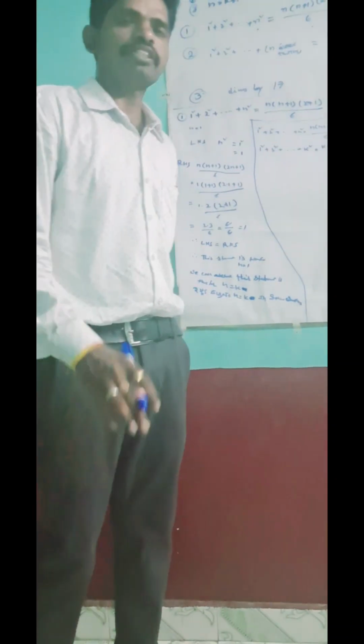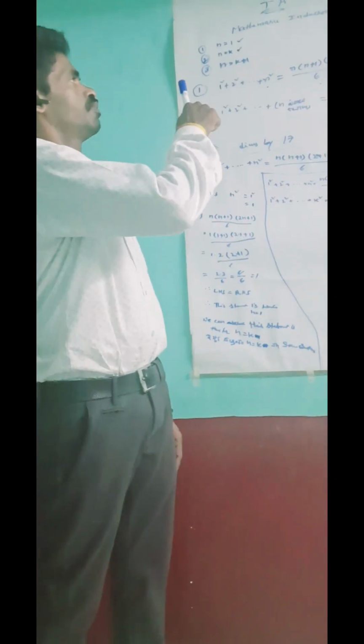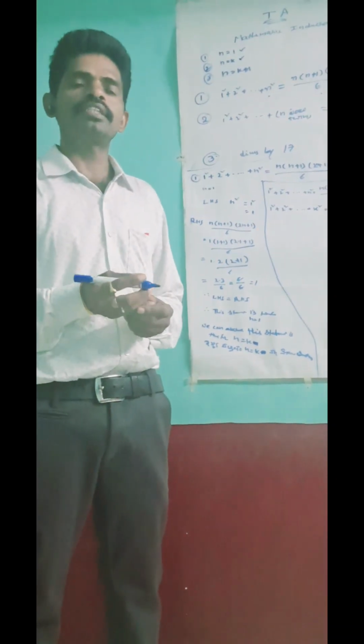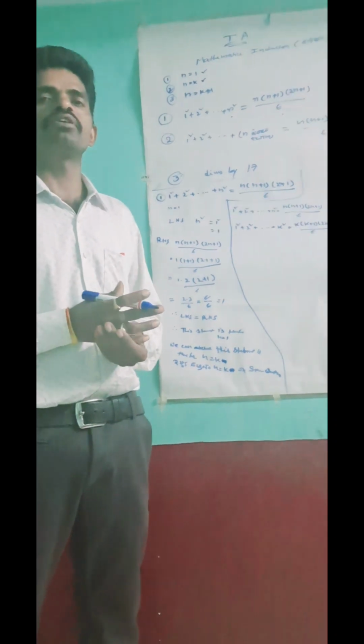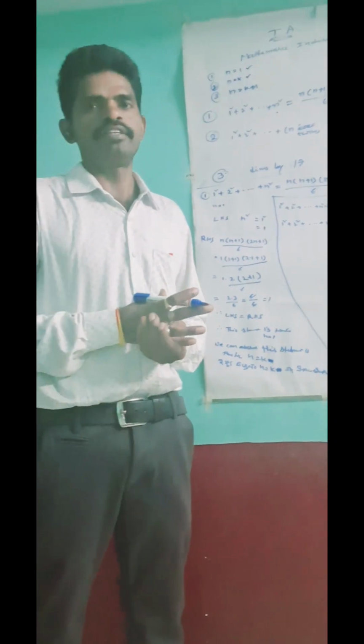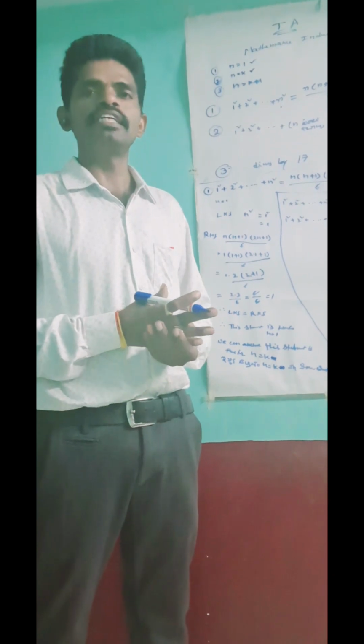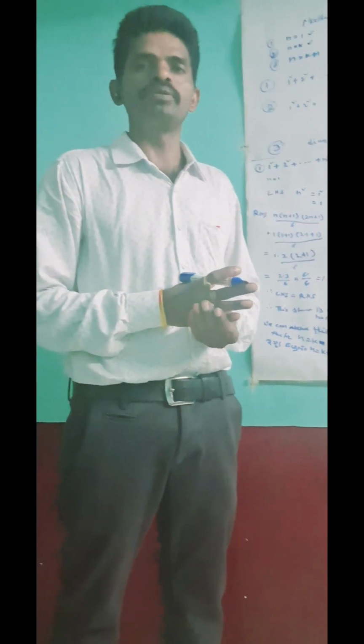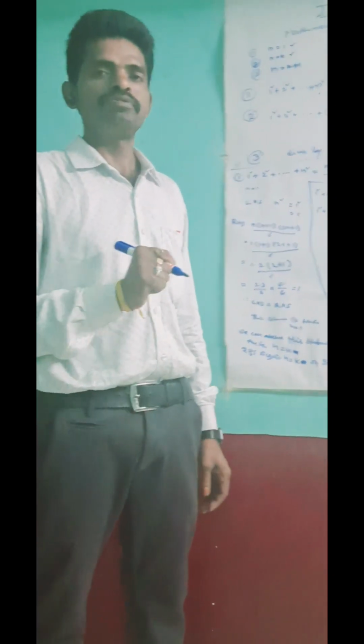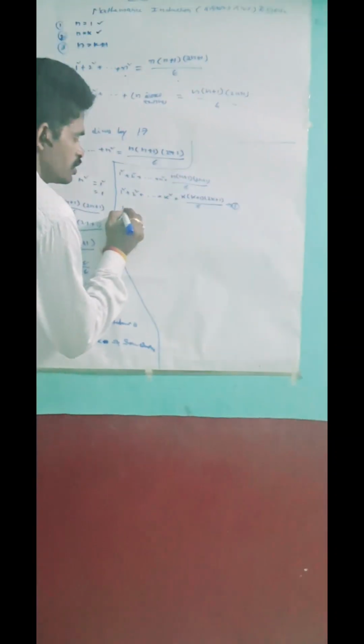Next, what is that third one? We can prove that this statement is true for n is equal to k plus 1. ఇచ్చిన దత్తాంశం అనేది n is equal to k plus 1కు నిజమని నిరూపించాలి. So n is equal to k plus 1.